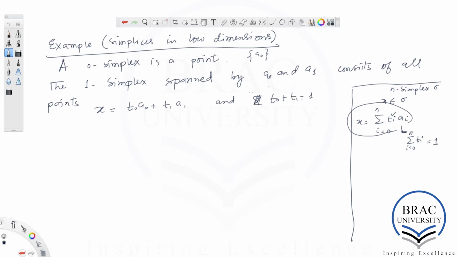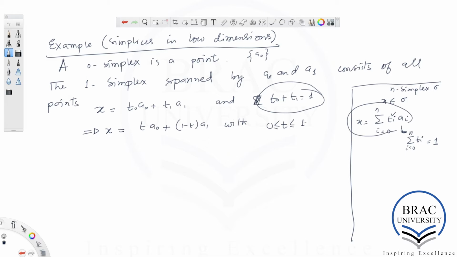So we can combine these two equations to have x written by a single equation like this: x is equal to t times a0 plus 1 minus t times a1. Which means that we don't have to write this equation separately. It's already implied in this single equation with t lying between 0 and 1. So this is the case when we have only 2 points in our set.